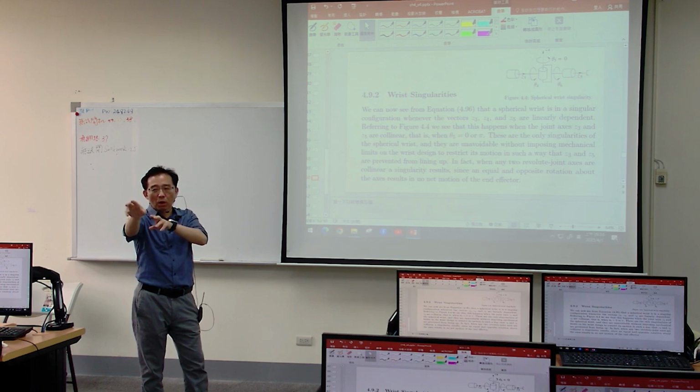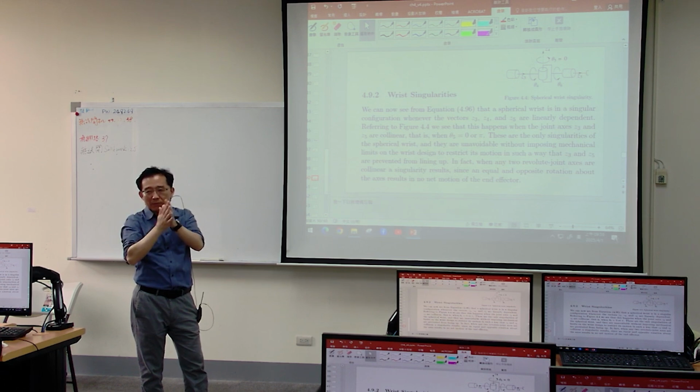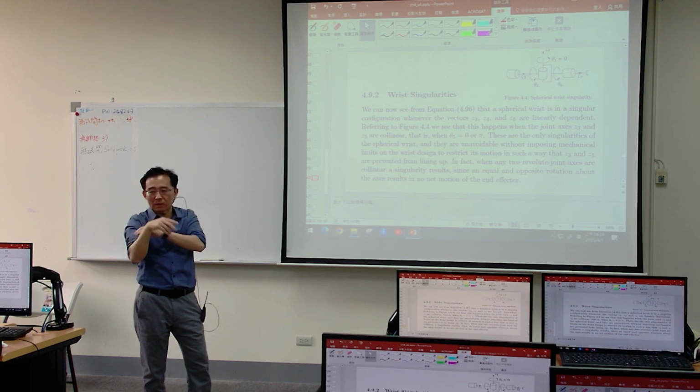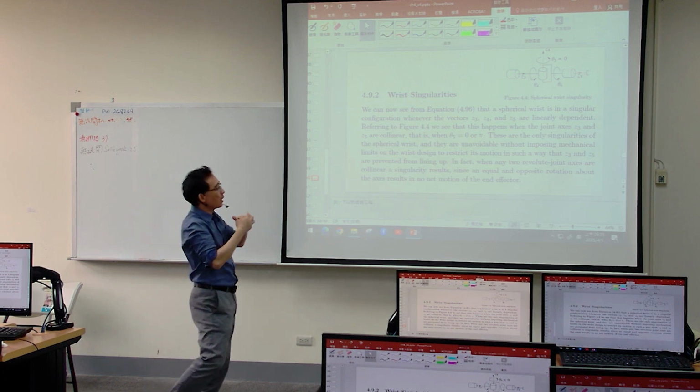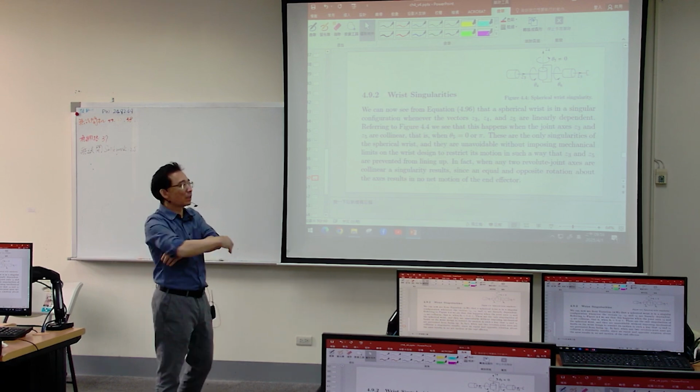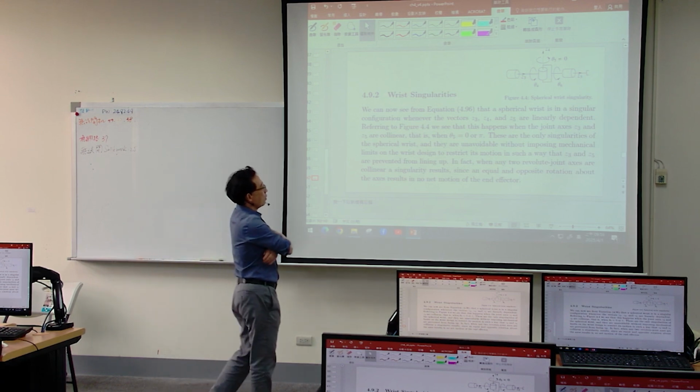They are all revolute joints, so whatever they rotate, you cannot observe anything outside. Of course, if you have the arm outside, then maybe you can see the spinning. But in this case, it is a singularity.